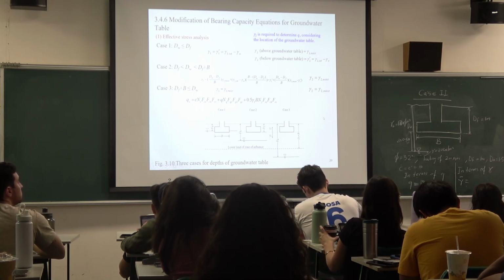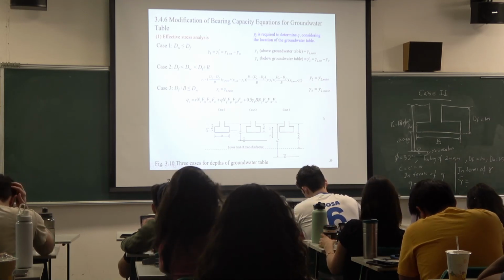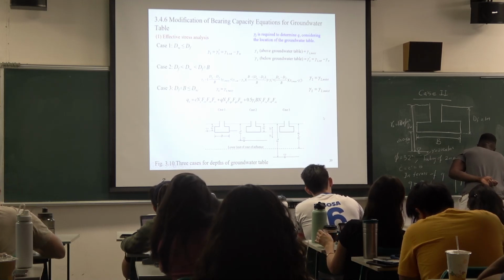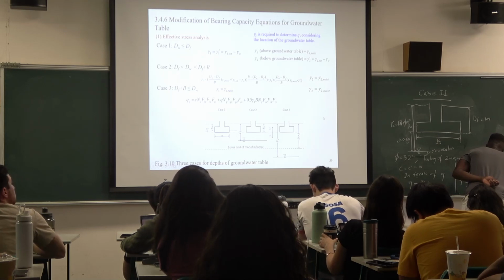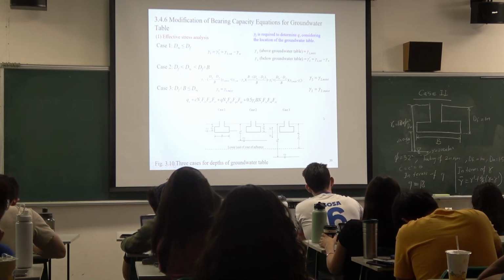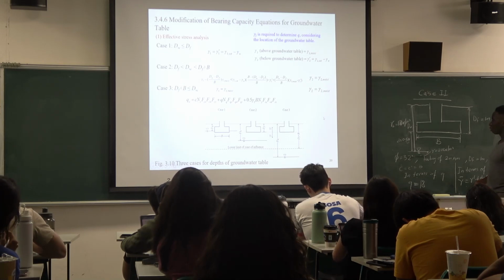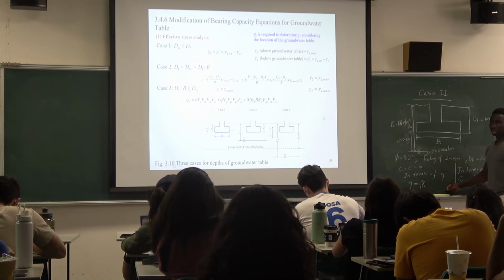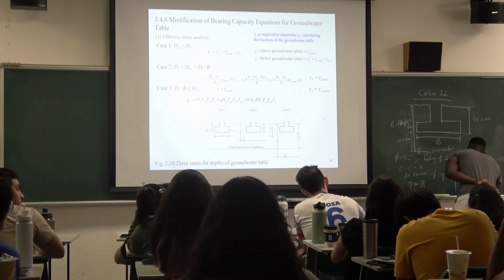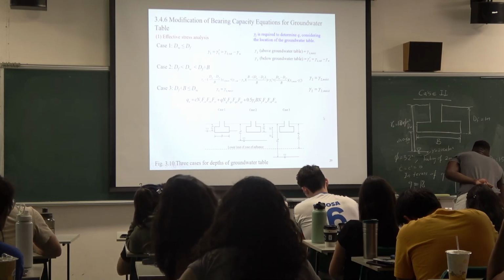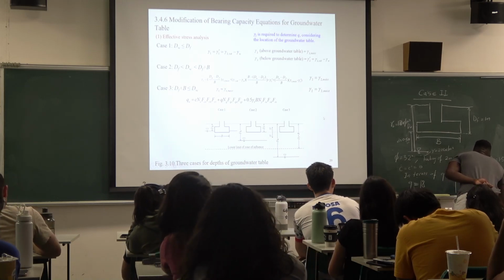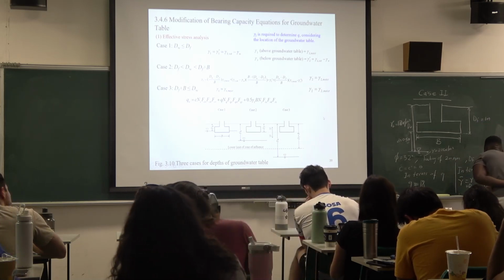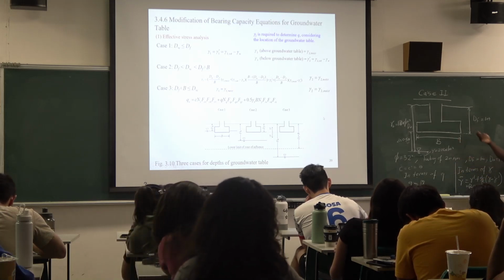So how do we find the gamma? We use the gamma equivalent, right? So that is the gamma prime. Okay. So in our case, the gamma prime will be the gamma saturated minus the gamma W, right? So that will be 20 minus 9.81 plus. So what is the D in this case?